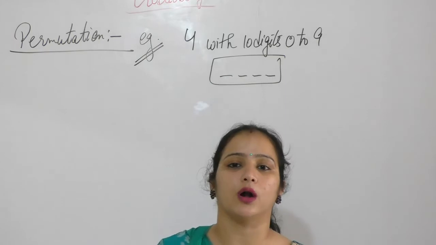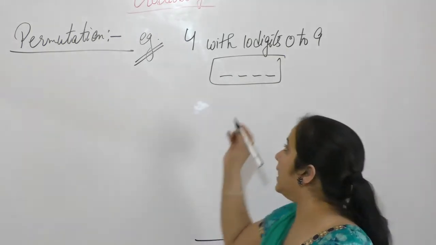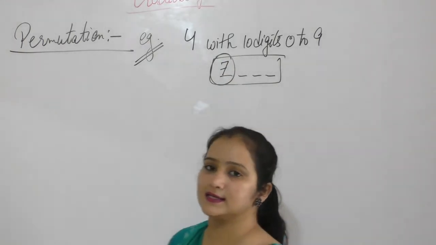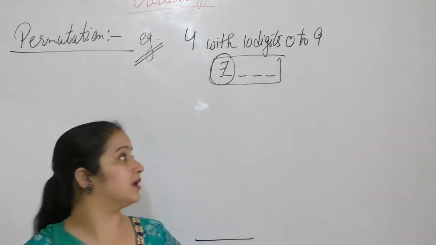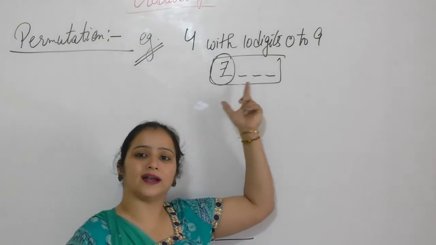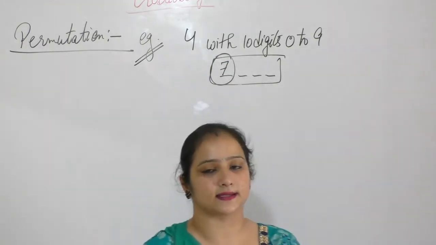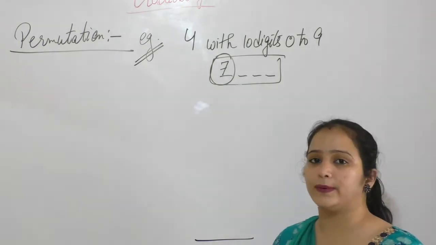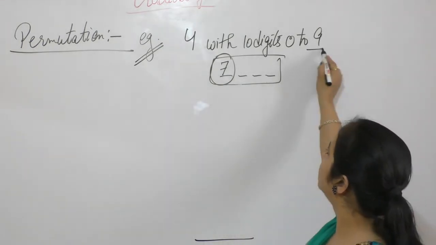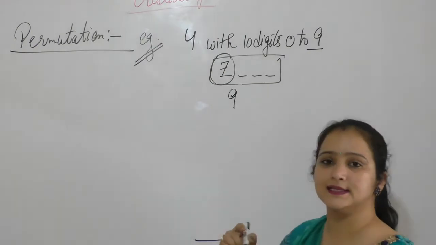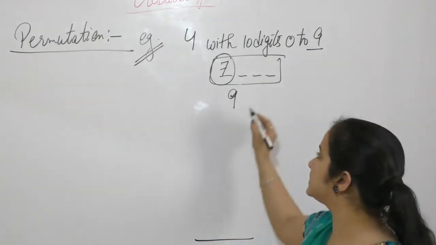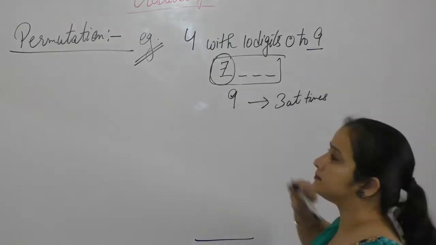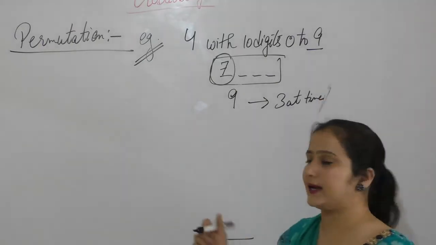Suppose you have forgotten the code and you remembered only that the first number is 7. First digit was 7 and you did not know what are the remaining 3 digits. Now you will have to fill all the 3 digits to open the lock. So what you will do, you will have to arrange the remaining 9 digits taken 3 at a time.